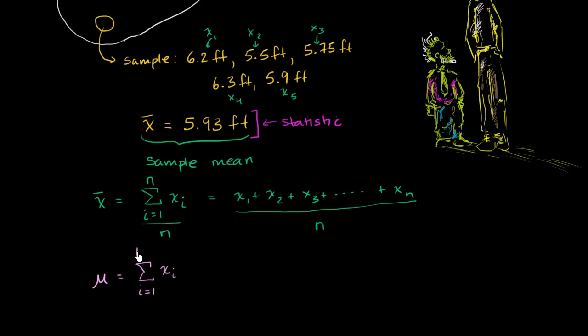So they'll often put a capital N right over here to somehow denote that this is a bigger number than maybe this smaller n. But once again, we are not done. We have to divide by the number of data points that we are actually summing. And so this, once again, is the same thing as x sub 1 plus x sub 2 plus x sub 3 all the way to x sub capital N, all of that divided by our capital N.